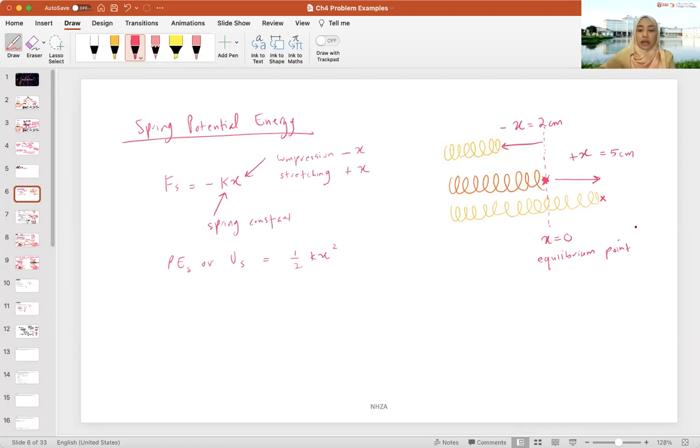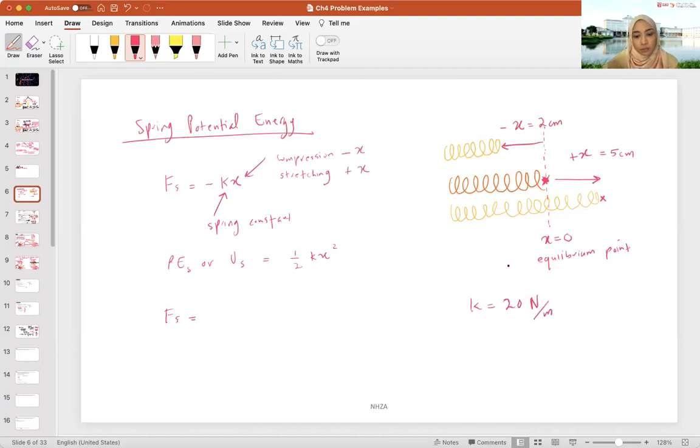Okay, so let's say I have an extension of the spring by 5 centimeter. I want to know what is Fs. So let's say our K for this spring is, to keep it simple, 20 Newton per meter. That is your spring constant.